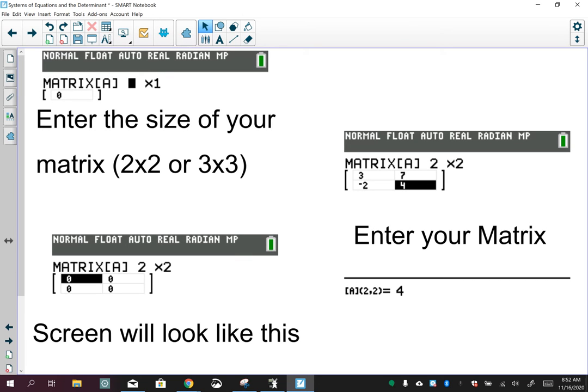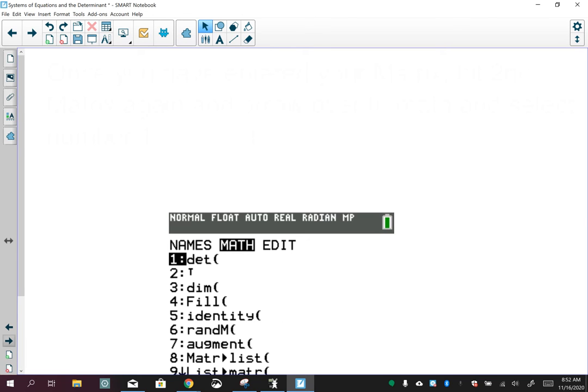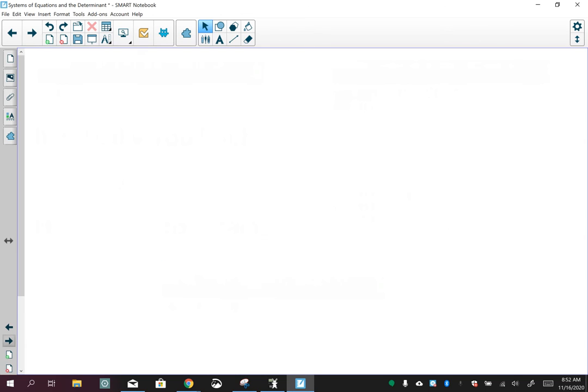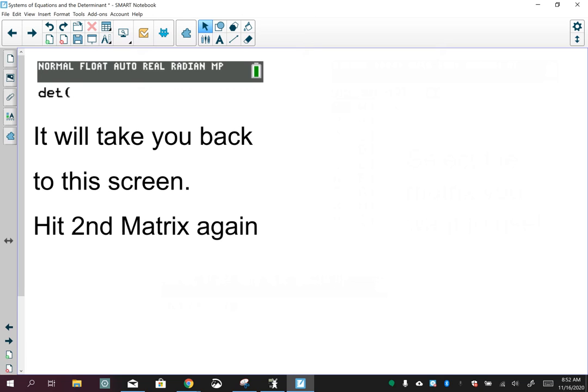Once you're done, go back to your home screen by going second quit. And then you're going to go second matrix again, and then arrow over to math. When you get to math, what you are looking for is the very first one, the DET, that means determinant. So then you take this answer here, and then it's going to take you back to the screen.